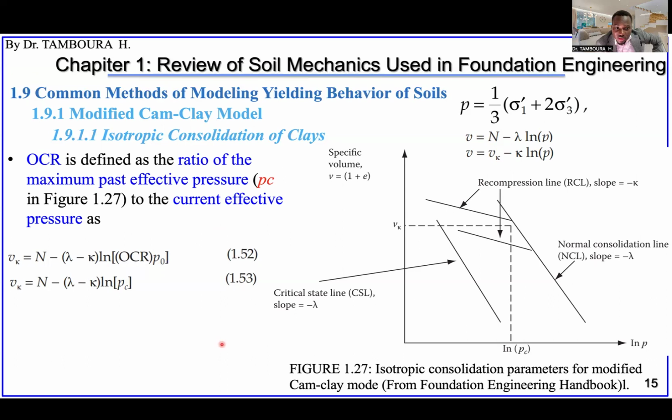Then you can see that P0 multiplied by over consolidation ratio will be exactly PC. So you can replace this one by PC without any problem. That's the only thing we did from here to here, using this definition: PC divided by P0 equals the over consolidation ratio.